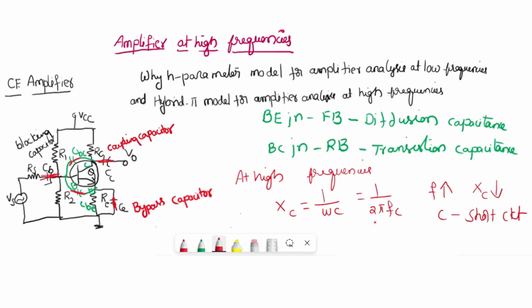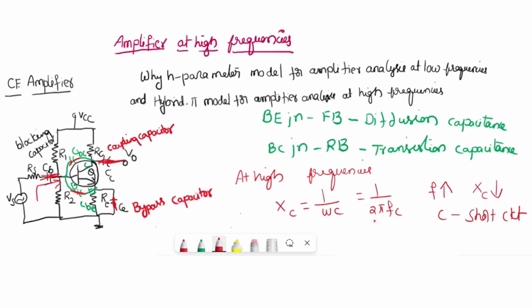Now as the blocking capacitor is short circuited, Vs freely goes to the base into the transistor. The input signal current freely goes to the input of the transistor because there is no capacitor which stops it, it is a short circuit. So freely the input current goes to the transistor, and the output is also very high because there is no capacitor to block.